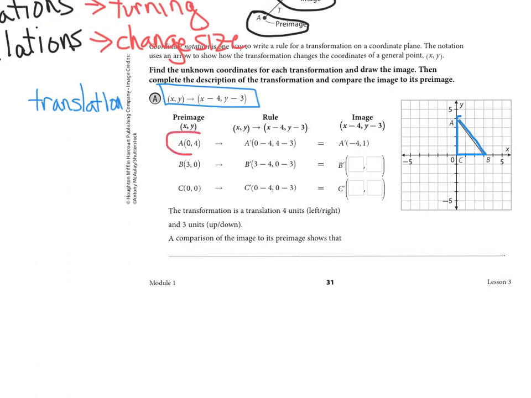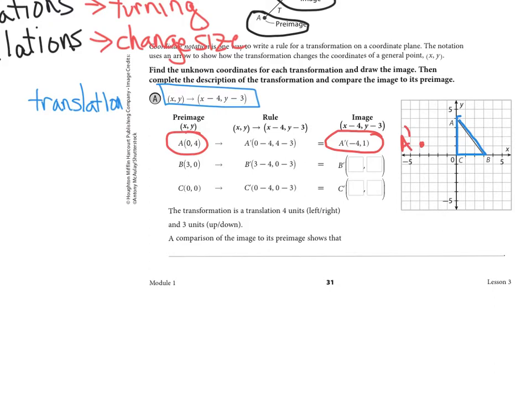A starts at 0, 4. We subtract 4 from the x and 3 from the y, and we end up at negative 4, 1. So here is my A prime.